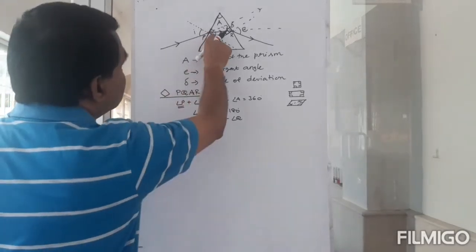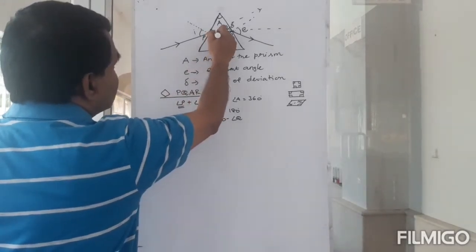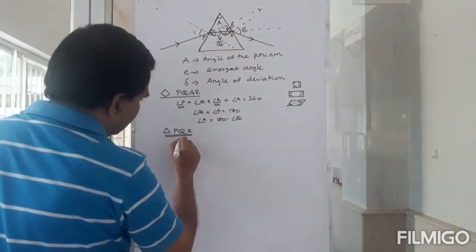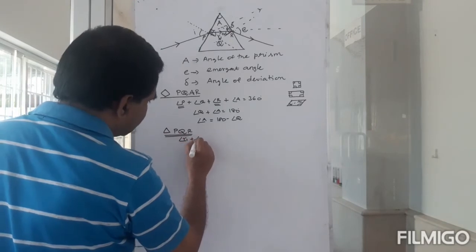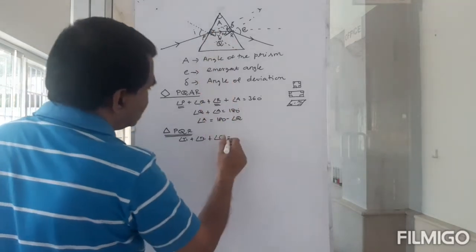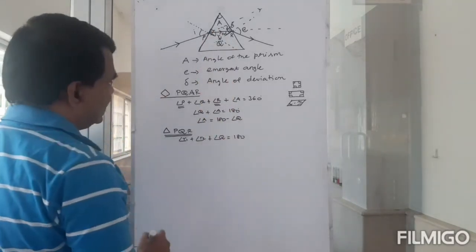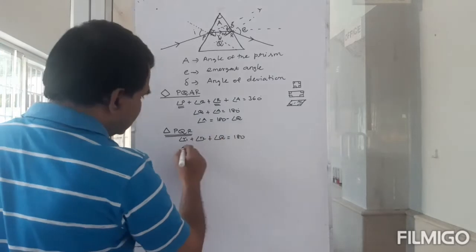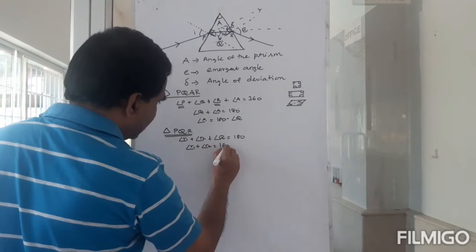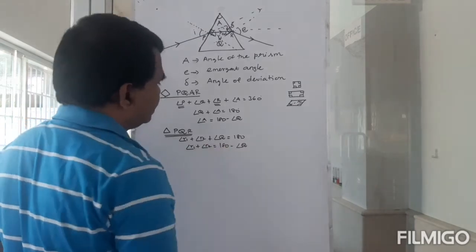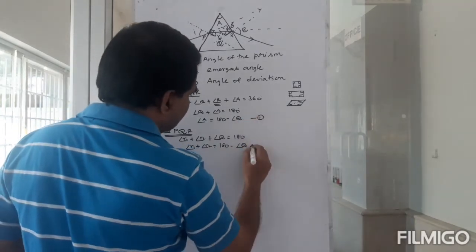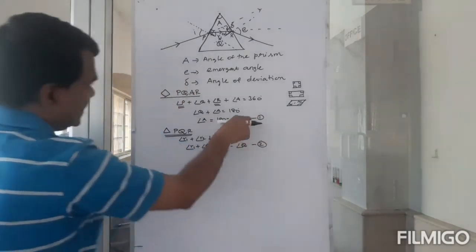If you take triangle PQR, what am I going to get? This angle R1 and this angle R2, then plus Q. Angle R1 plus angle R2 plus angle Q must be equal to 180 because it's a triangle, right? So angle R1 plus angle R2 must be equal to 180 minus angle Q. This is my equation 1 and this is my equation 2.